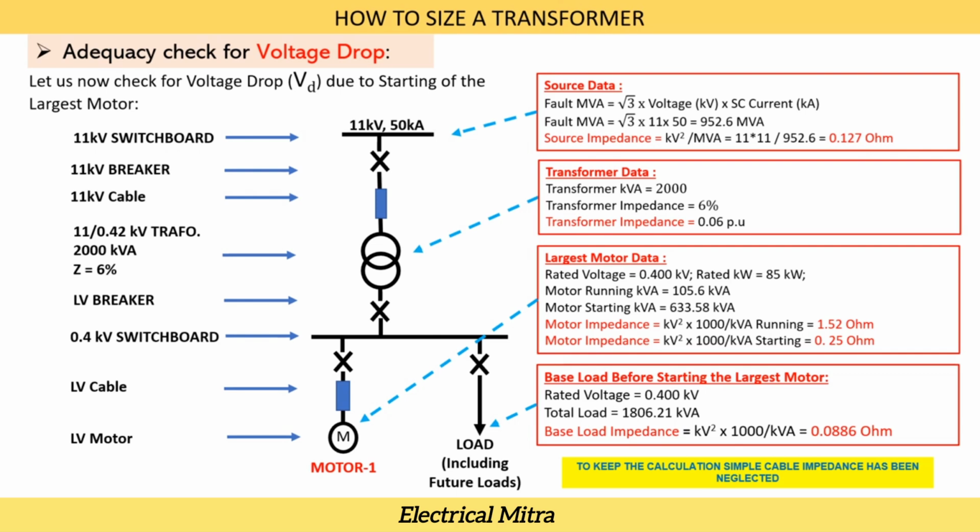The transformer impedance is 0.06 per unit. For the largest motor, the motor impedance when running is 1.52 ohm and motor impedance during starting is 0.25 ohm. And for the base load without the largest motor is 0.0886 ohm.